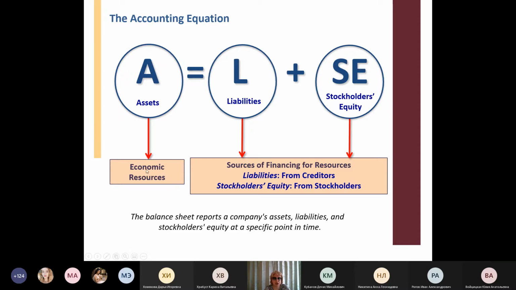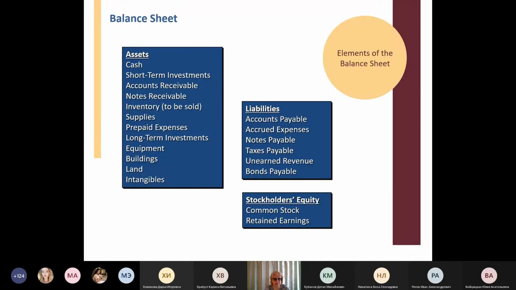For every resource, we can find a source of financing, and these sources can be divided into two main components. Sources from creditors we call liabilities, obligations, something to pay back to the creditors. The second component, stockholders' equity, is sources from stockholders. So this is what we call the main accounting equation, or the financial position of the company.